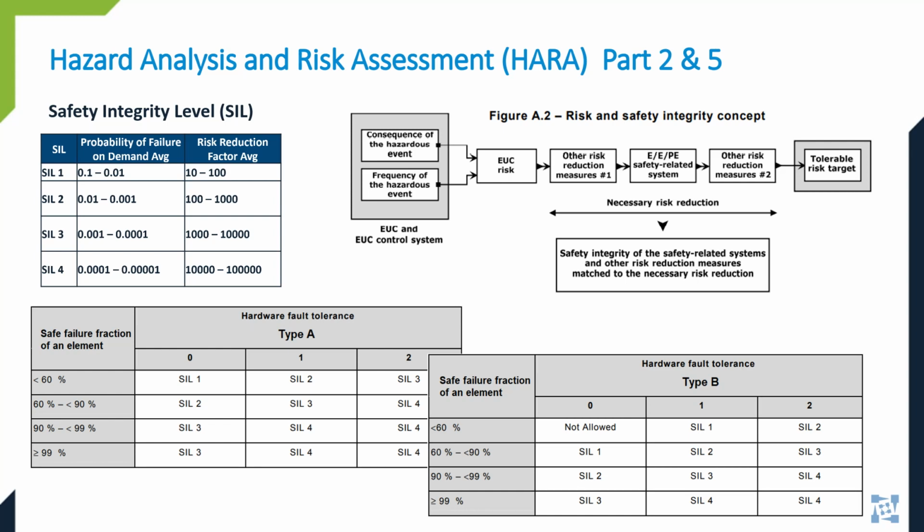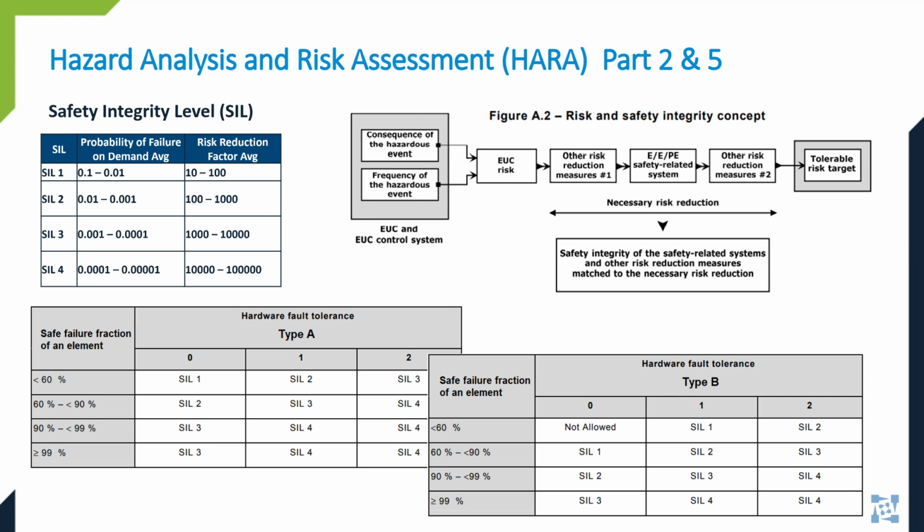The SIL rating also determines the extent of functional safety requirements you'll need to fulfill. I'm going to be showing some tables that express the SIL recommended level of fulfillment in some of the upcoming slides. One other thing to touch on is having different fault tolerances in Type A and Type B devices.